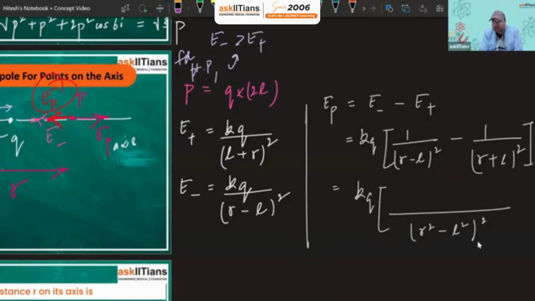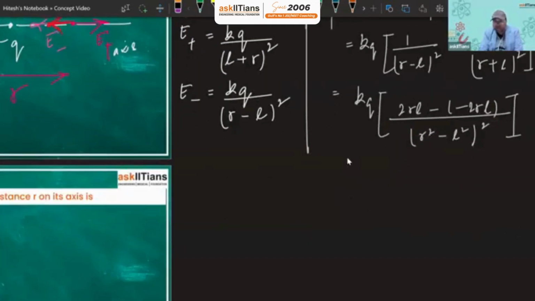Obviously, can I do that? Yes. And here I'll be having 2RL from here minus, and then minus of 2RL, doing 4RL, right? So we'll be having KQ, 4RL by R square minus L square whole square, right?